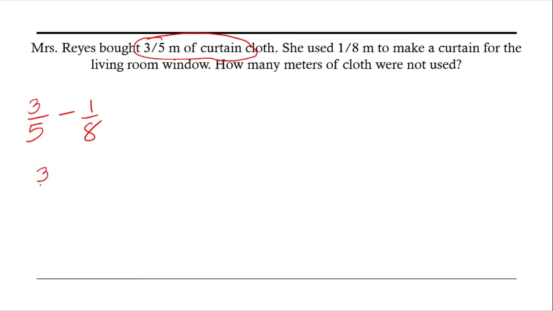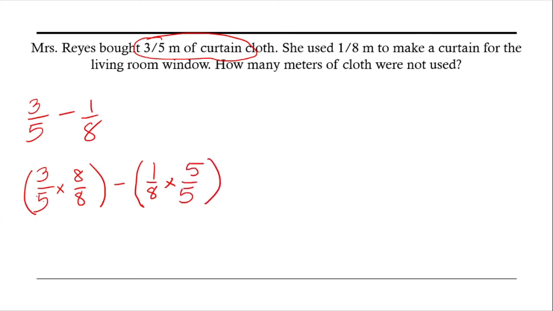So ang gagawin natin, 3/5, pwede tayong mag-multiply ng 8/8. Minus, meron tayong 1/8. At para maging 40, multiply naman natin siya ng 5/5.